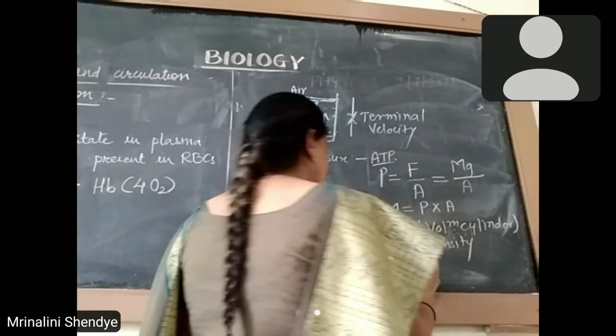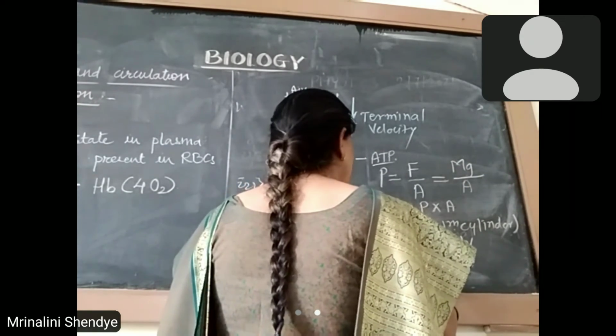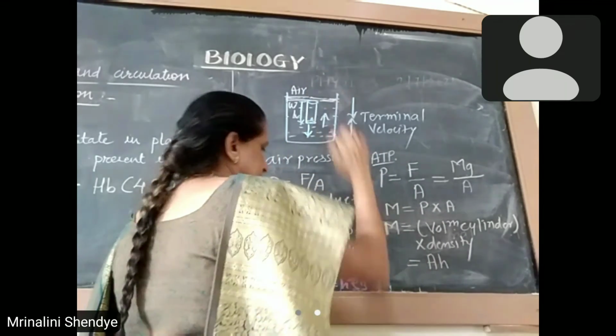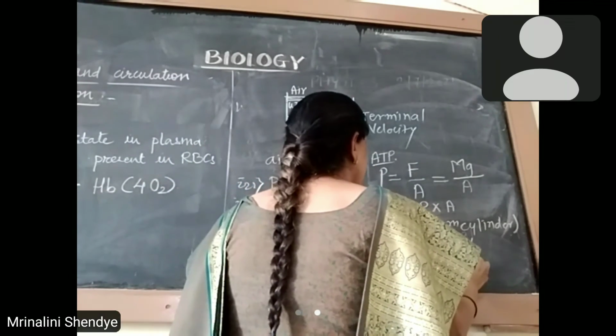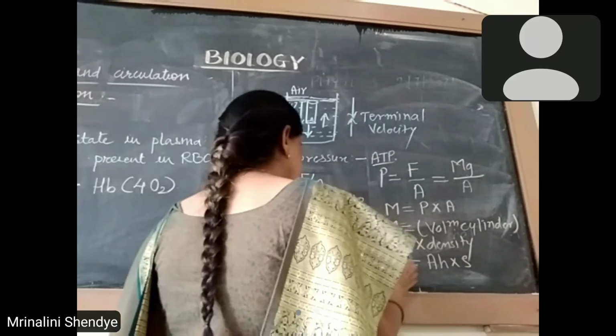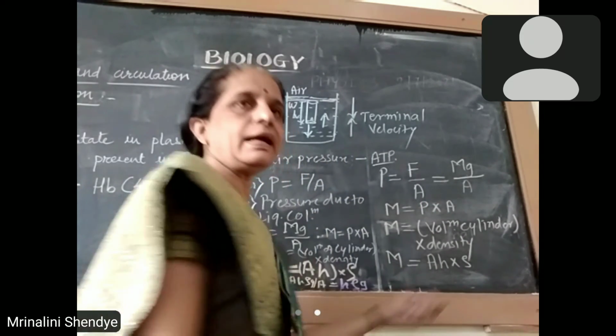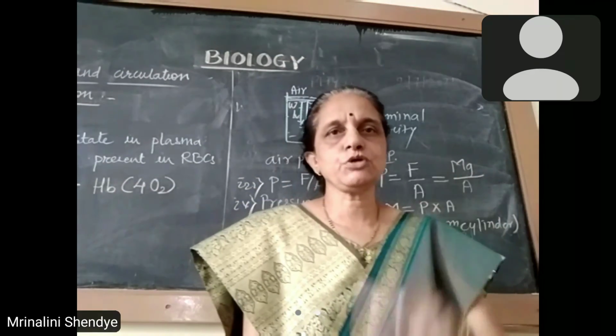That can be written as A into H, as volume is area into height, AH into rho, where M is the mass of that body.